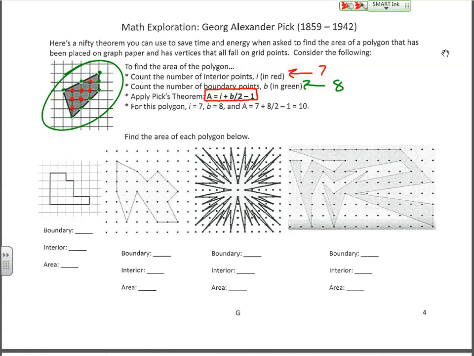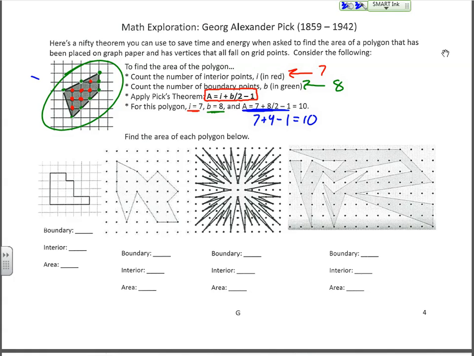So with the interior points being 7 and the boundary points being 8, our formula is this: the area is 7 plus 8 divided by 2 minus 1. 7 plus 4, which is what 8 divided by 2 is, is 11, minus 1 equals 10.